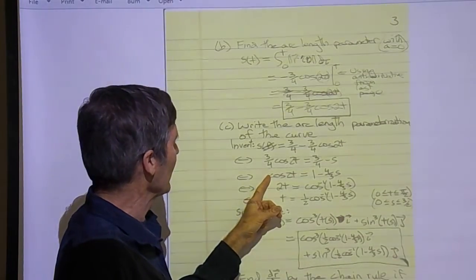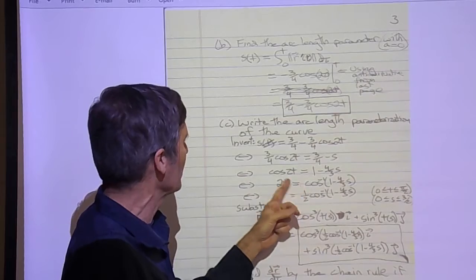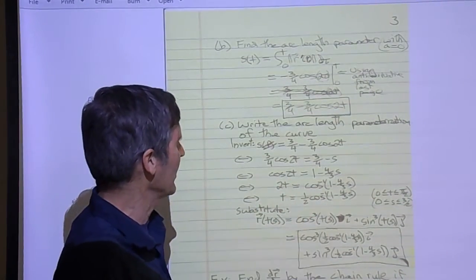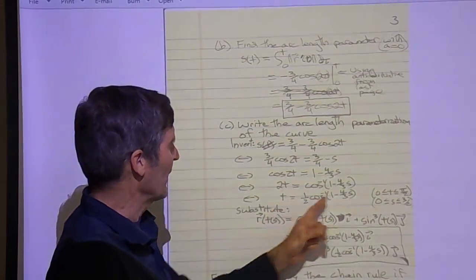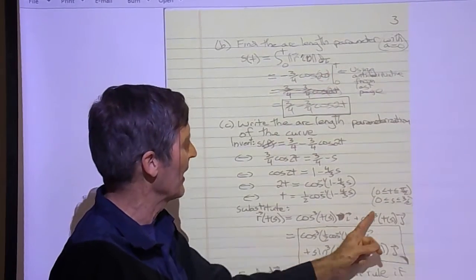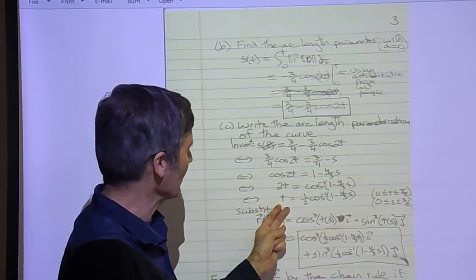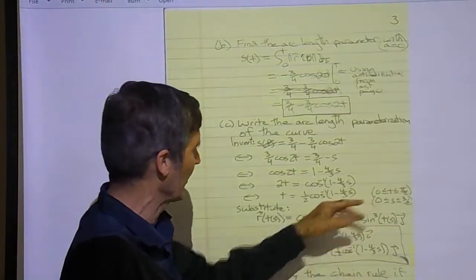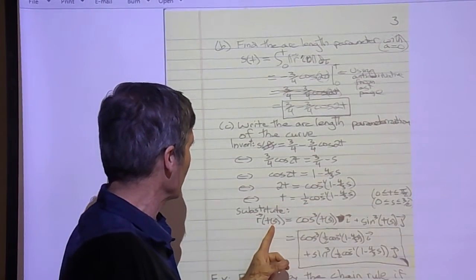And now I'll take the inverse cosine here, which I can do for t between 0 and pi over 2. And then divide by 2, and here is t written as a function of s, which was valid on t between 0 and pi over 2. Consequently, if you look at the formula for s, it moves between 0 and 3/4 as t goes from 0 to pi over 2. So this is t as a function of s going from 0 to 3/4, which is the arc length of the curve. So now, once I find t as a function of s, I just plug it into r.